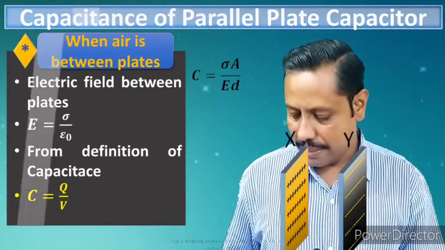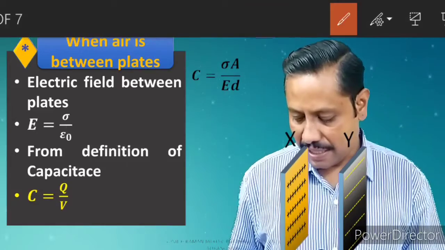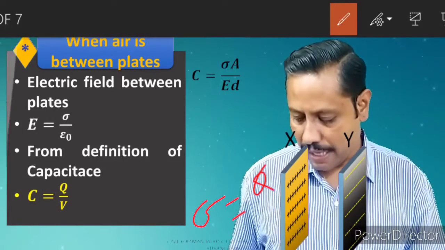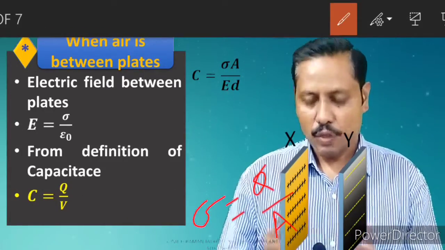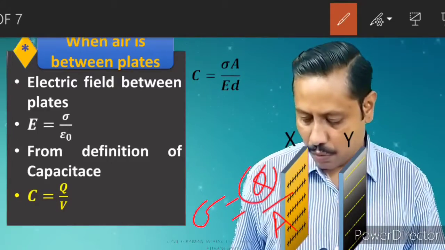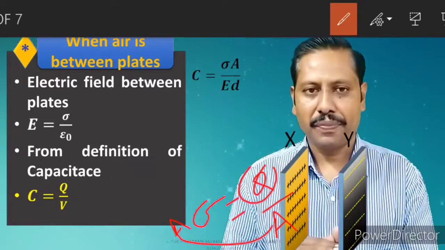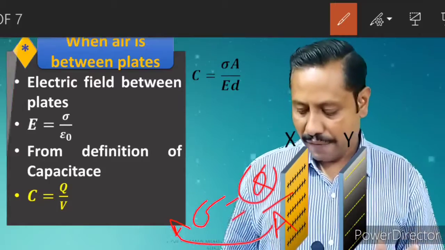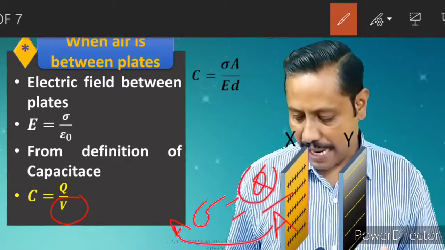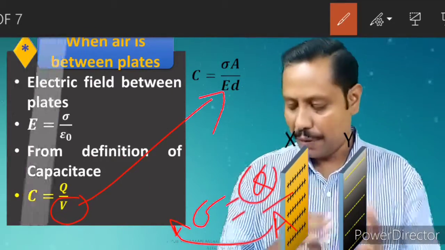How is it coming? We have surface charge density sigma equal to Q upon A, right? So from here I can write Q equal to sigma into A. Further, we can replace V by E into D. How is it coming?